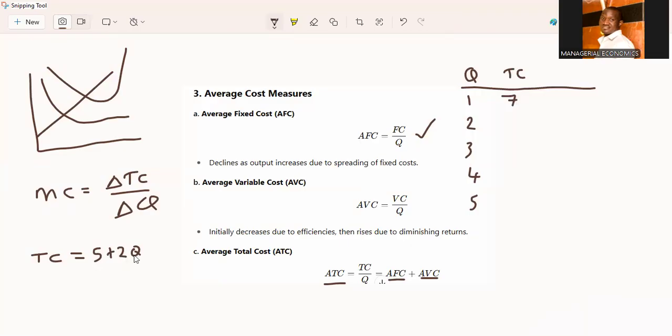So 2 times 2 is 4. 4 plus 5 is what? 9, isn't it? Then if our Q is 3, 3 times 2, 6. 6 plus 5, we get 11.